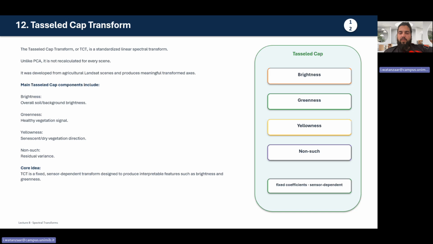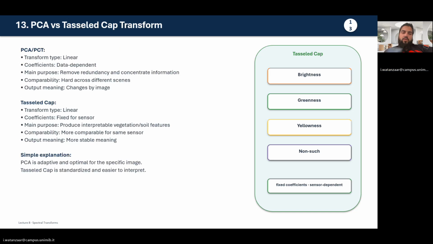So all of these can be fixed by sensor. That's why it's fixed for sensors. And the main purpose in PCA or PCT is to remove redundancy and concentrate information. But the main purpose in Tasseled Cap is to produce interpretable vegetation or soil features. That is the idea, to have some interpretable information about the vegetation, soil, and features.